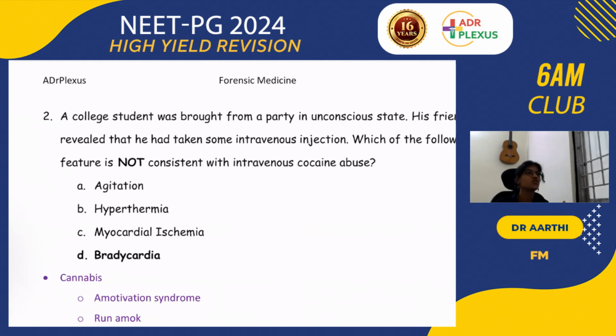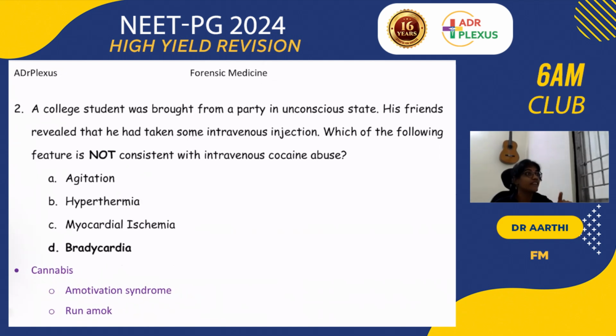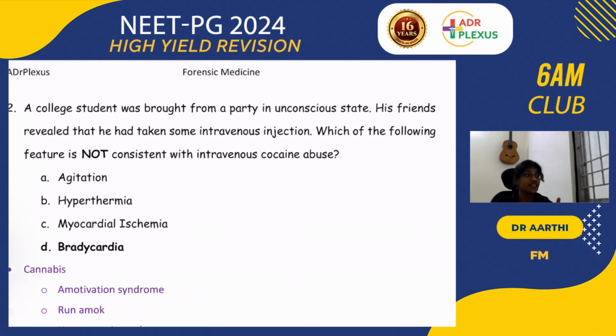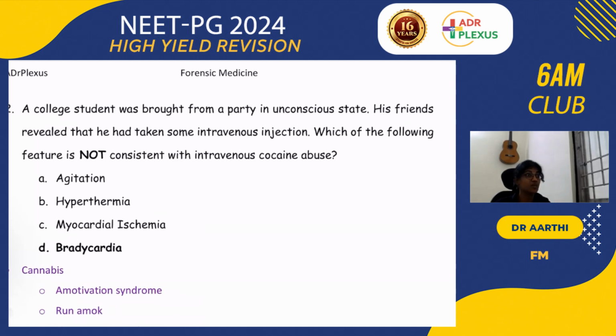A college student, intravenous drug abuser. So they have given the words intravenous drug abuser. All of the following are seen except. Even if you don't go in for a specific diagnosis, think about what all will go together. They have given myocardial ischemia, which could be present because of hypertension, vascular spasms, right? That fits. Hyperthermia they have given, and agitation they have given.